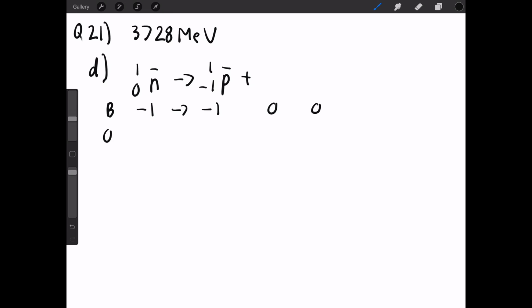The charge on this particle, an antineutron has 0 charge, an antiproton has a negative charge, so that's going to be -1. So I'm going to need something which is going to have a positive charge here and possibly a 0 charge there. Lepton number is another quantum number that's conserved. We have no leptons in the antineutron and we have no leptons in the antiproton, but I'll leave these blank for the minute. So to conserve charge, we need something with a +1 charge.